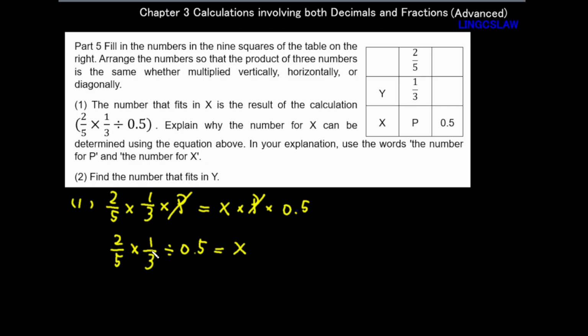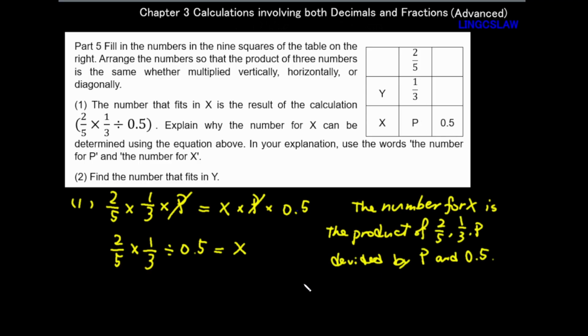X equals 2 over 5 times 1 over 3 divided by 0.5. Now I have to explain why, the reason. Use the words number for P and the number for X. The number for X is the product of these 3 numbers divided by P and 0.5. So if you calculate this one, you will get 2 over 5 times 1 over 3 divided by 0.5.